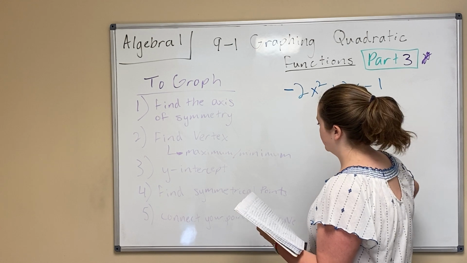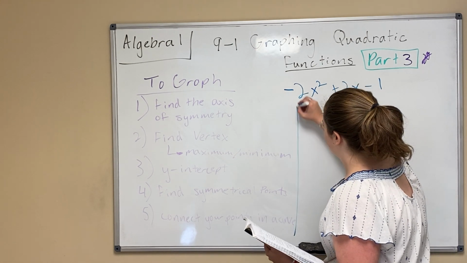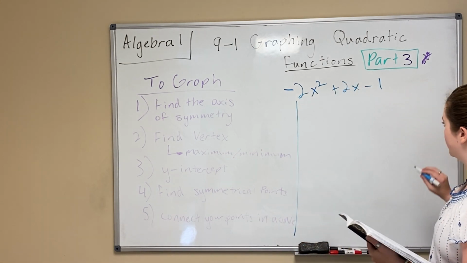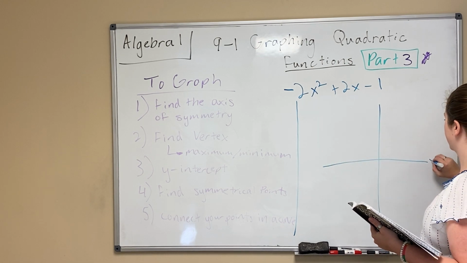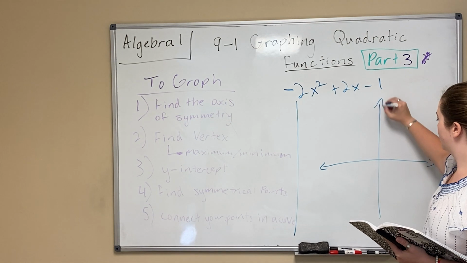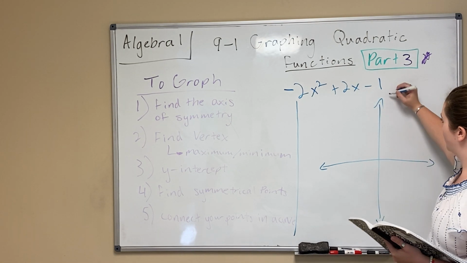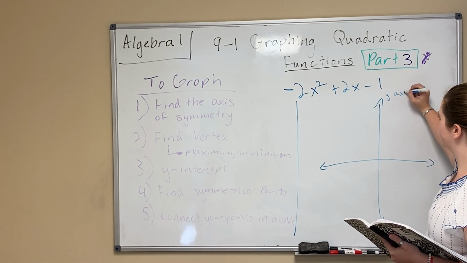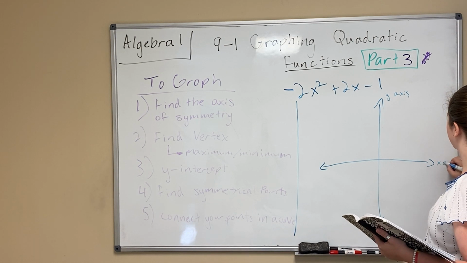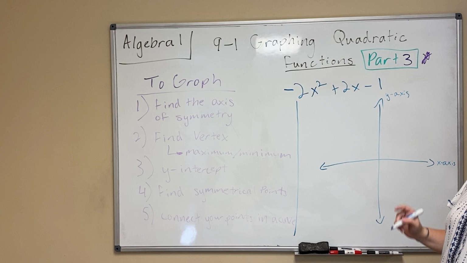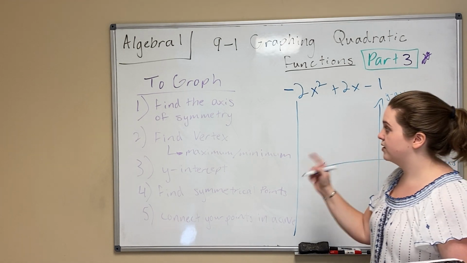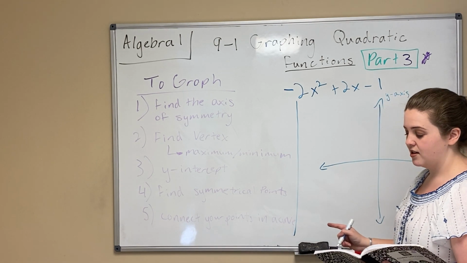There's our equation. Now I need to graph this equation. So first things first, I'm going to draw my coordinate plane. Remember, this is our y-axis, this is our x-axis. Okay, step 1, just like I said over here, is find the axis of symmetry.